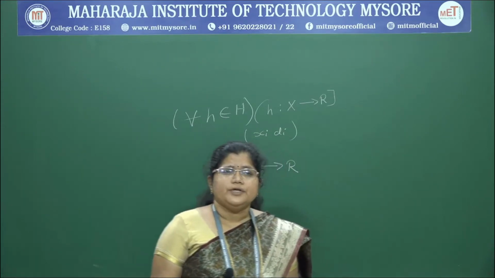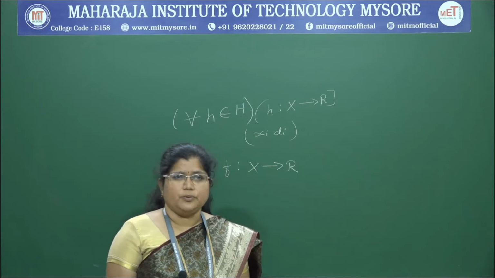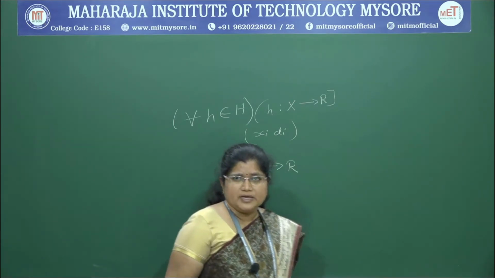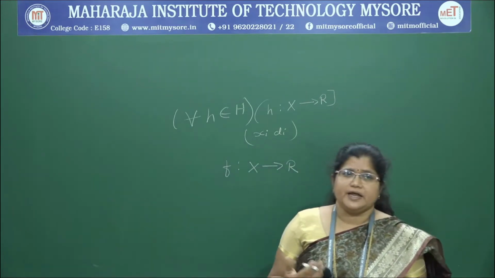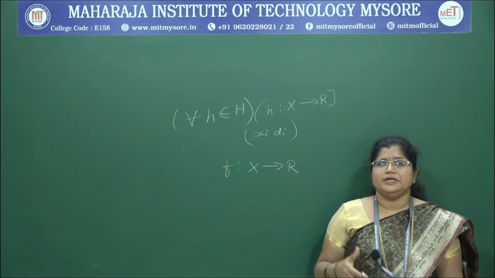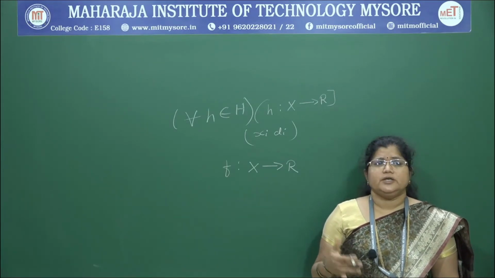A set of m training examples is provided, where the target value of each example is corrupted by random noise drawn according to the normal probability distribution with zero mean.